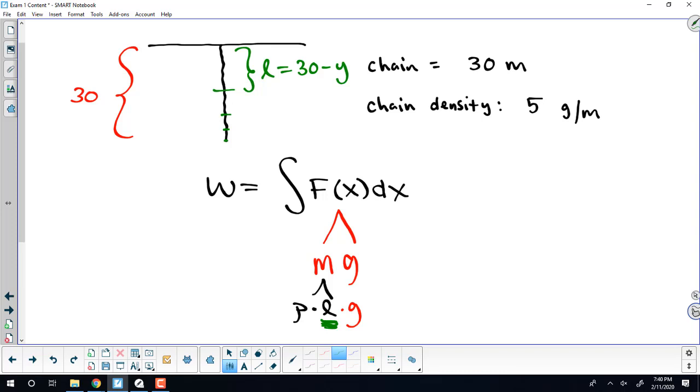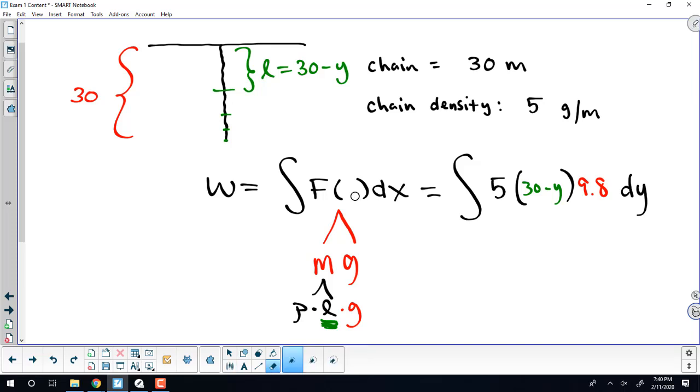So for all of our cross sections, that's what L is. So density times our length times 9.8 times dy. Sorry, just to be concise, we'll do that.